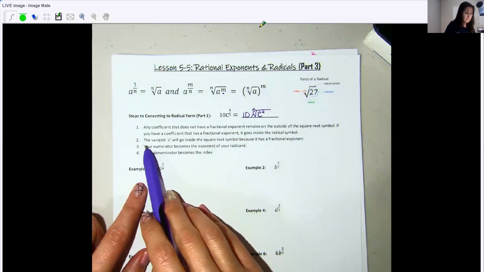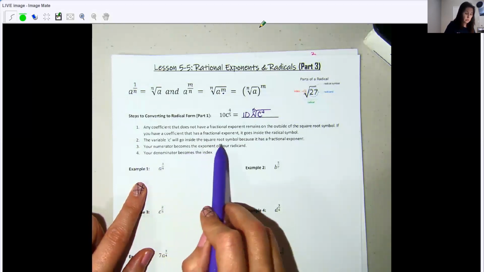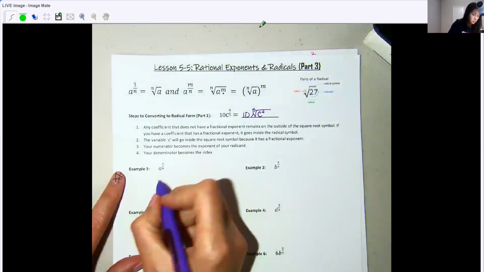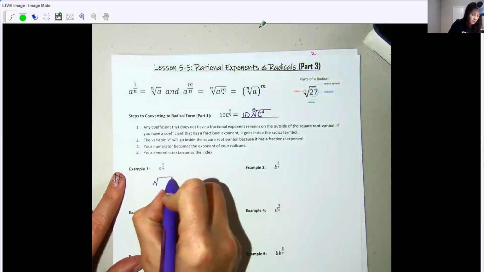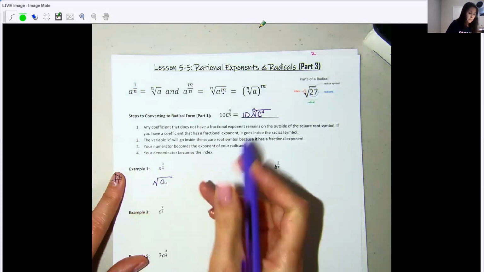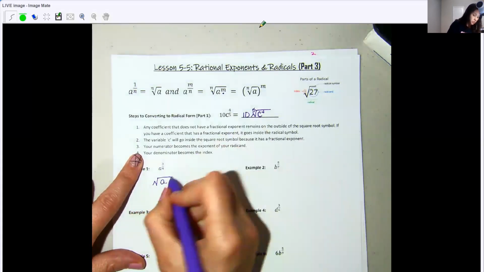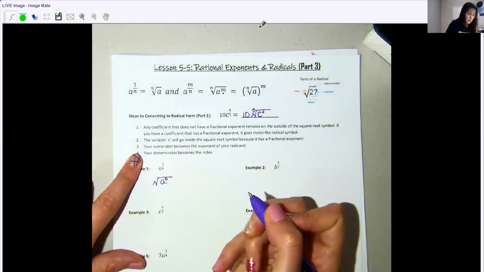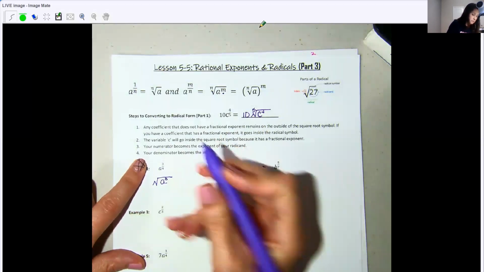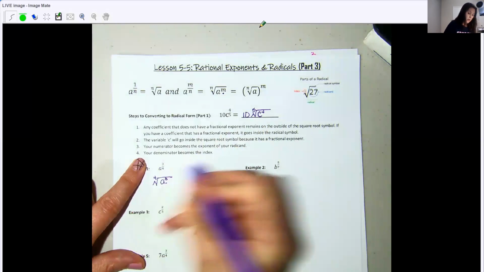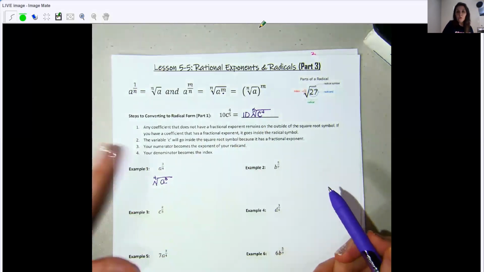Step 2 says that the variable will go inside the square root symbol. So I'm going to write a square root symbol and I'm going to put my variable in here. Step 3 says that my numerator becomes my exponent. So my numerator becomes my exponent and my denominator becomes my index. Okay. And that's all you're doing.